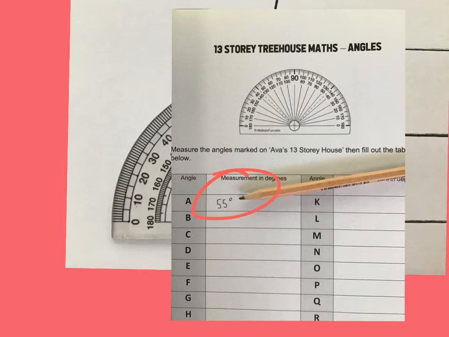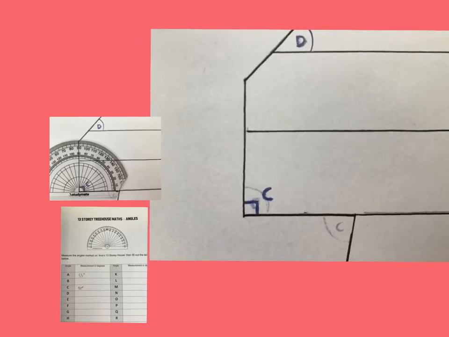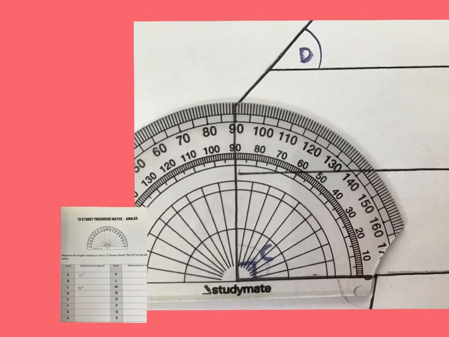Next you would do B, and then C and D and so on. But I'm just going to skip B so we can have a look at C. Now C, the angle here in the blue, you can tell that this is a right angle because instead of having a curve marking the angle like that, it actually has a square, which would make it a right angle, which means it would be exactly 90 degrees.